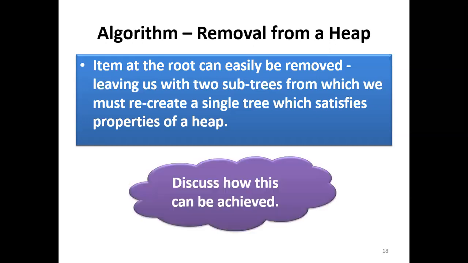So the item that we need to remove will be the one at the root node. If we delete the item, we also have to perform an operation, moving the subtrees to a point where the heap property is restored.